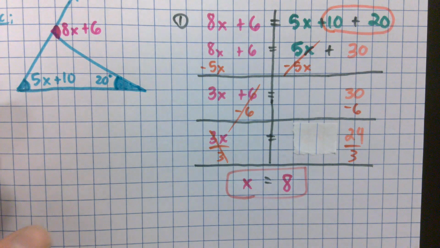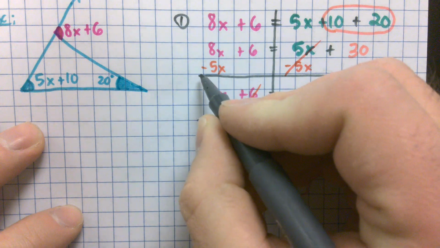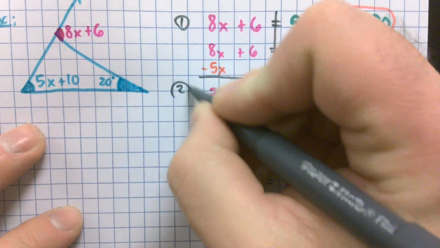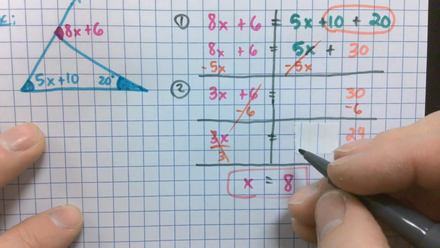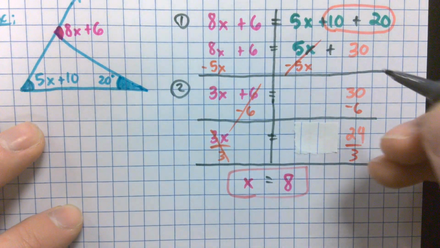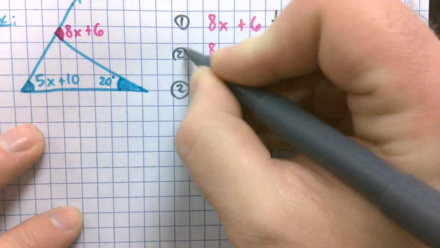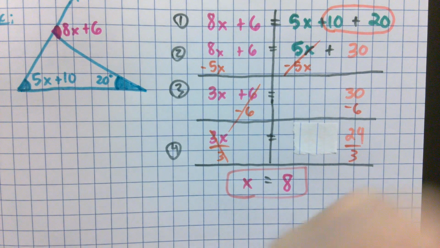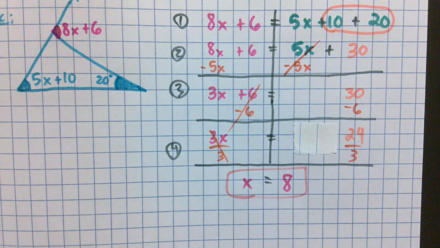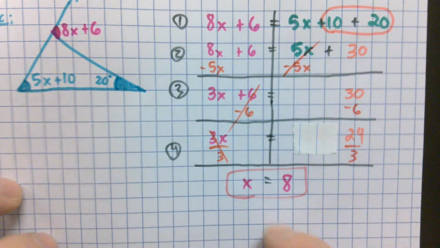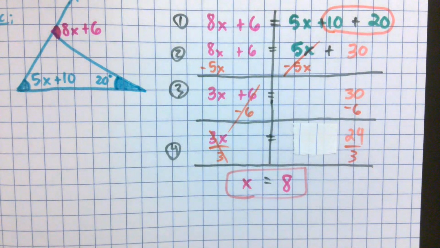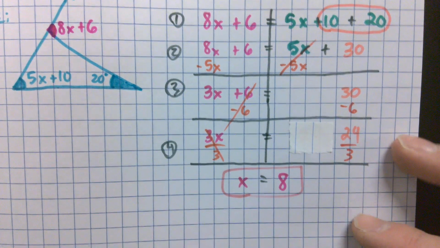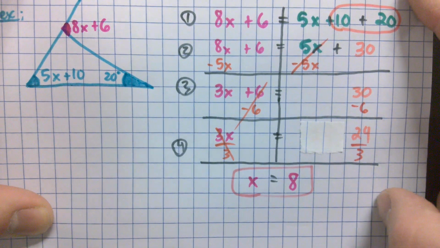Okay, then we do inverse operations, bringing my variable term to the left, bringing my constant term to the right. Where did we combine like terms? Oh, here. And then dividing by my coefficient. What questions can I answer on that second one?